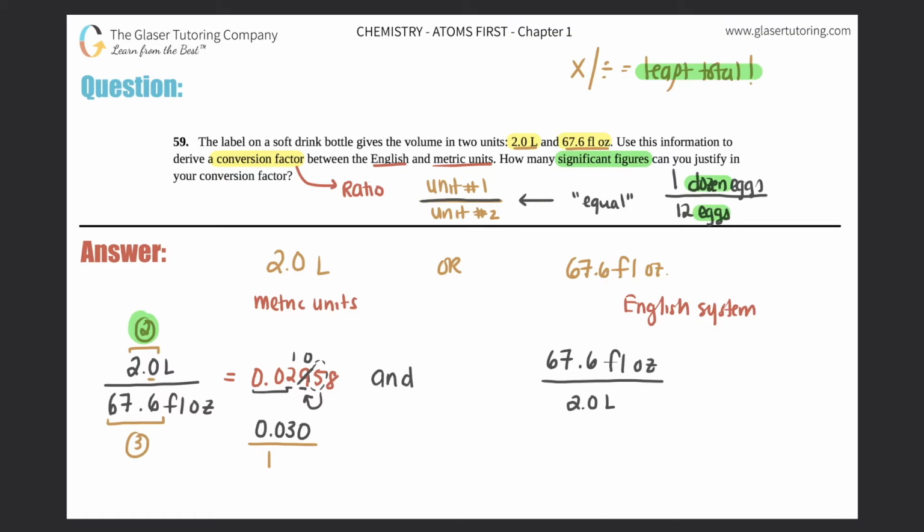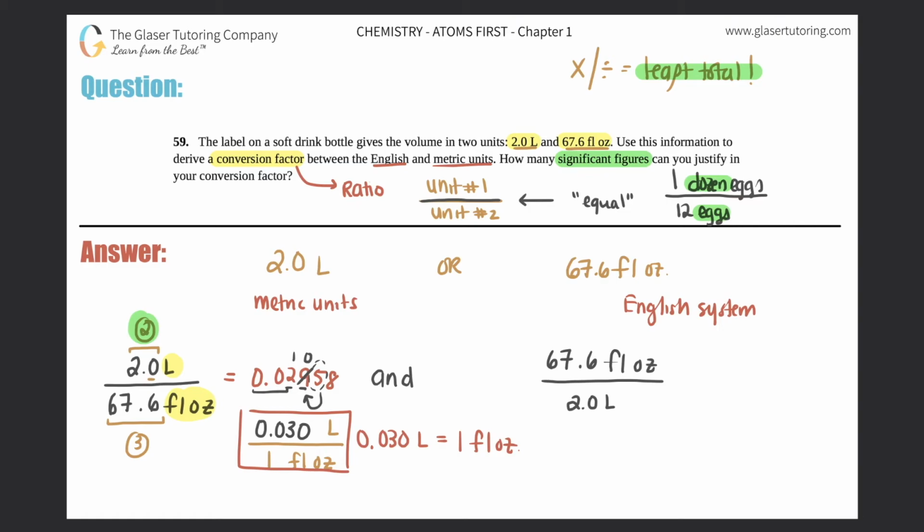Any number divided by 1 is the same number. Now we just have to add the units. Liter was on the top, and fluid ounces was on the bottom. So that just stays. Liter on the top, fl oz, fluid ounces on the bottom, and that's your first conversion factor. So you're saying that basically 0.030 liters is equal to 1 fluid ounce.